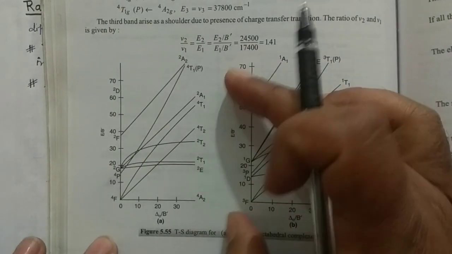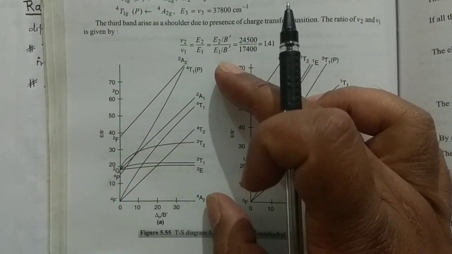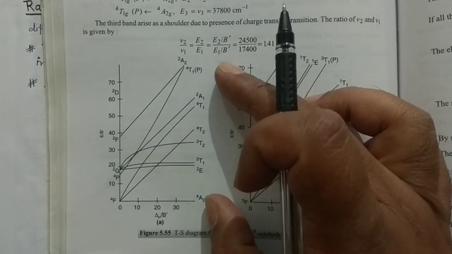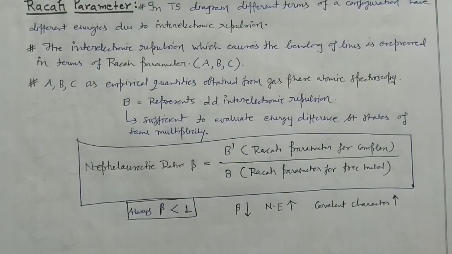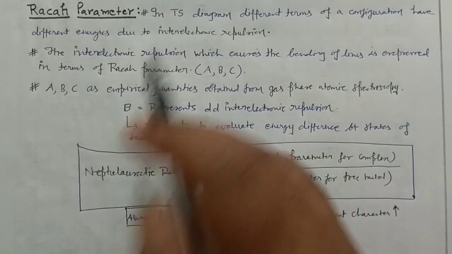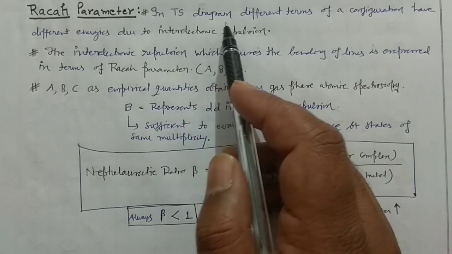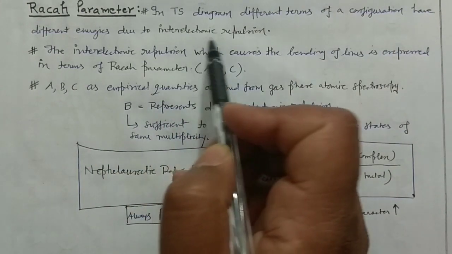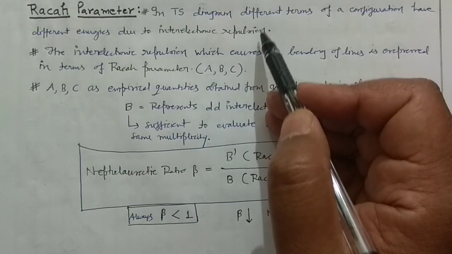You have to keep this in mind, and the Racah parameter is best studied in the Tanabe Sugano diagram. Now you can see in the Tanabe Sugano diagram, different terms of the configuration have different energies due to the electronic repulsion, as I have already explained with the help of the example.